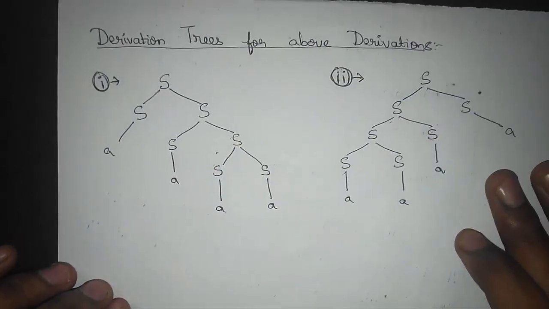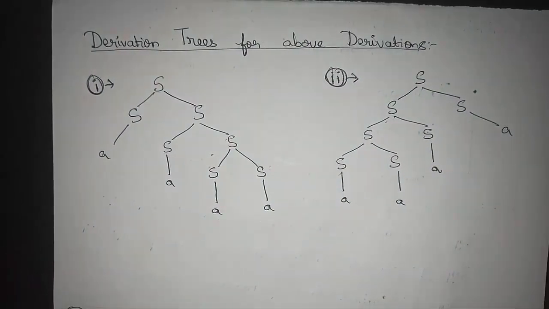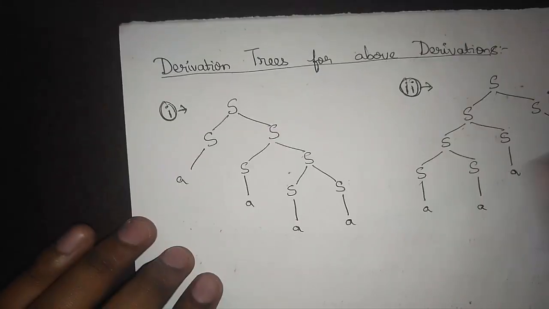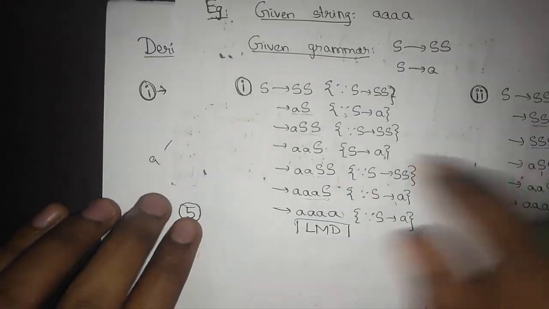All right, you can observe the same happening here in the case of derivation trees. Derivation is basically a process of generating a destination string from a given grammar or set of productions. A derivation tree is a diagrammatical representation of the derivations which are possible.